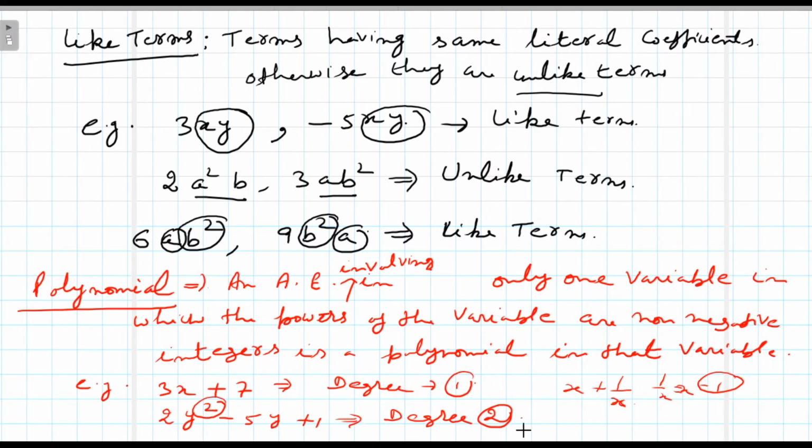If I write z cube plus 4z square plus 3z minus 6, it's also a polynomial of degree 3, right? So this was polynomial.